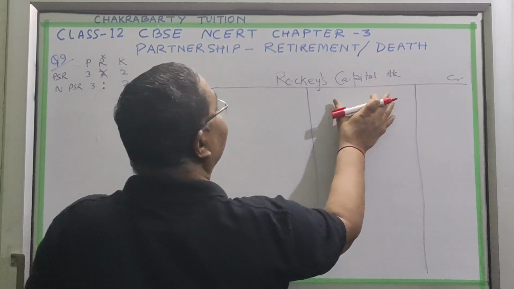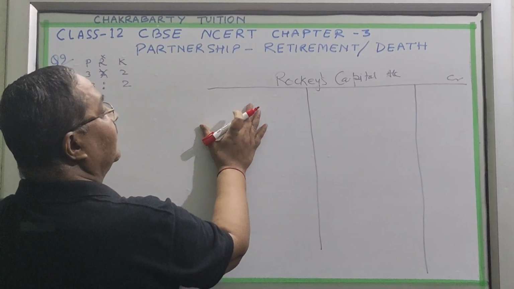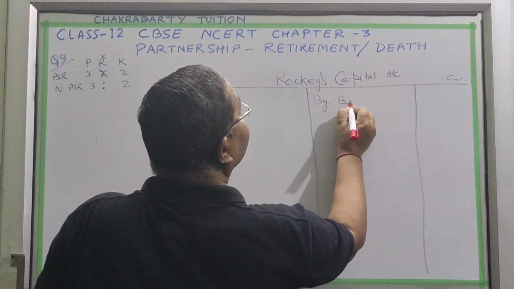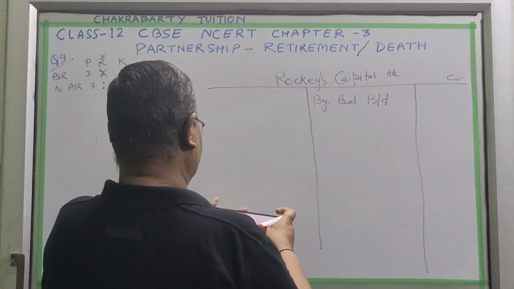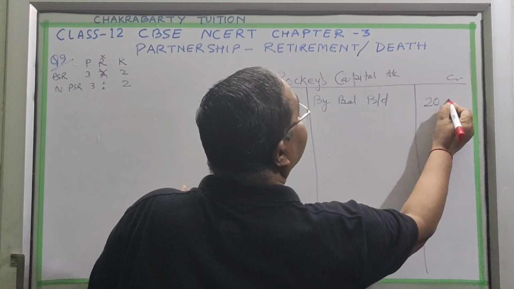Whatever payment is due to him, we will write on this side, and what is to be recovered, we will write on the other side. Here all entries are by balance brought down. His balance is 20,000, so we will write 20,000.